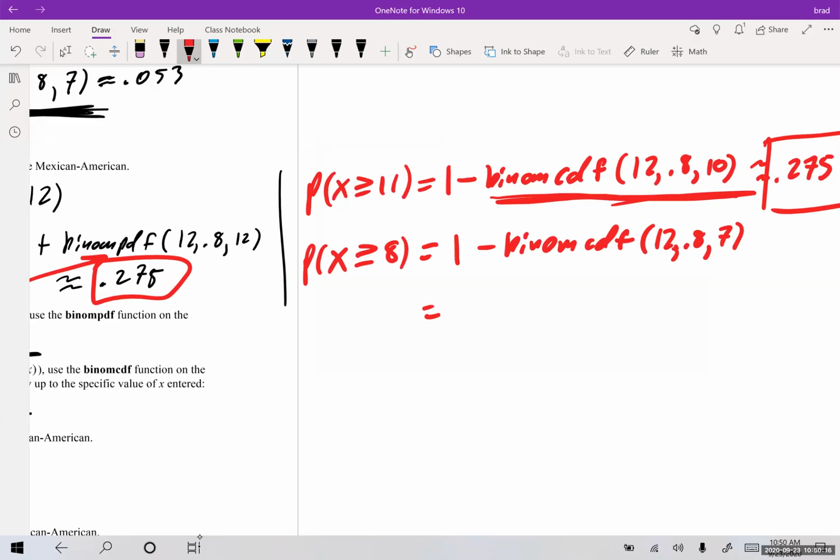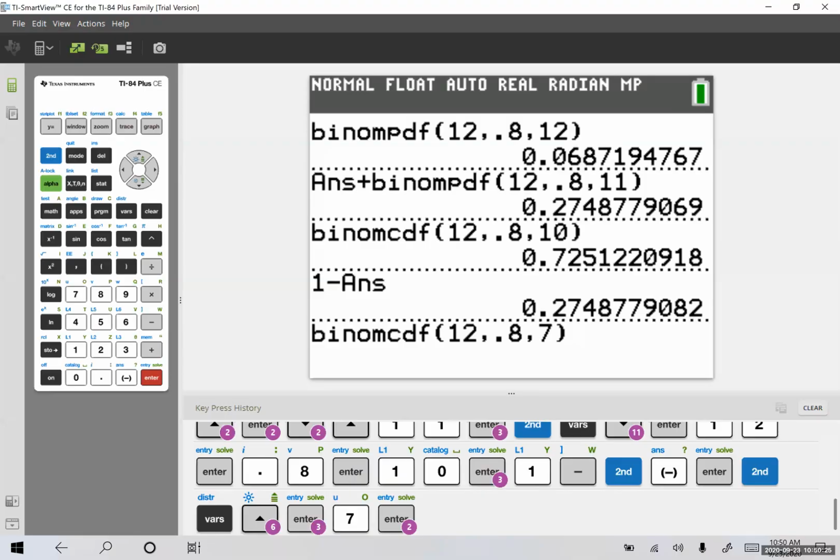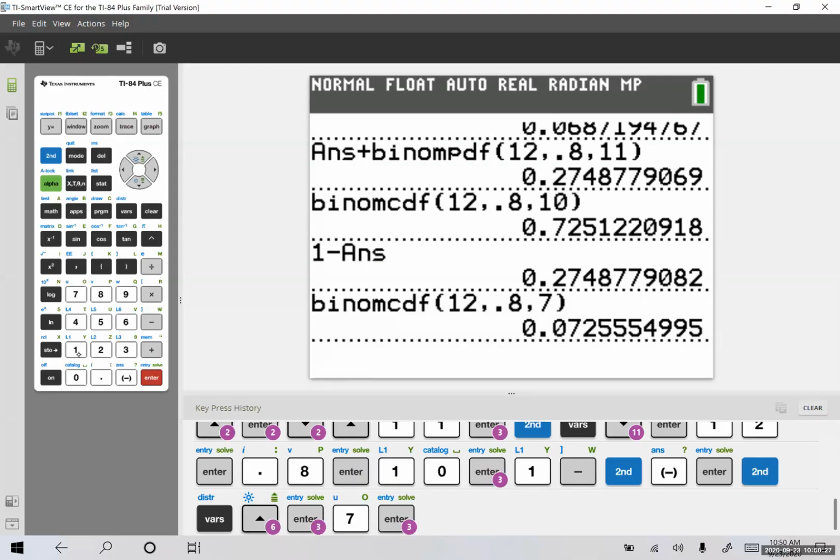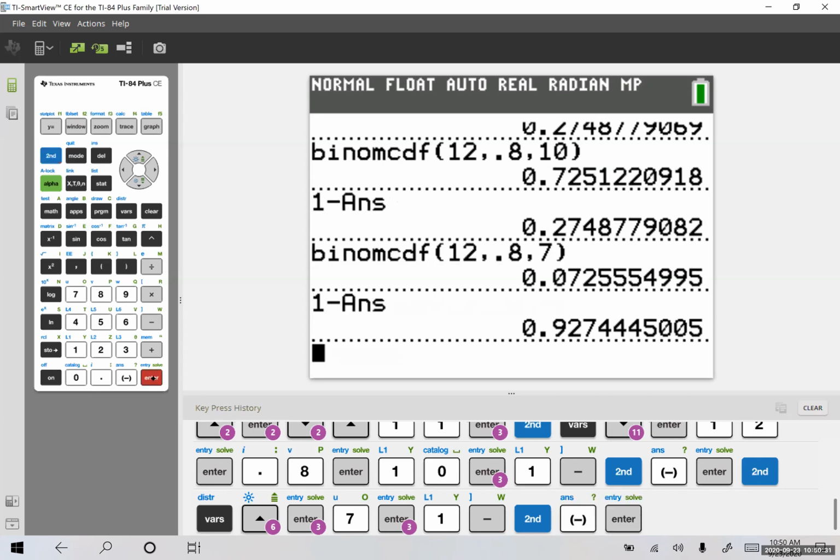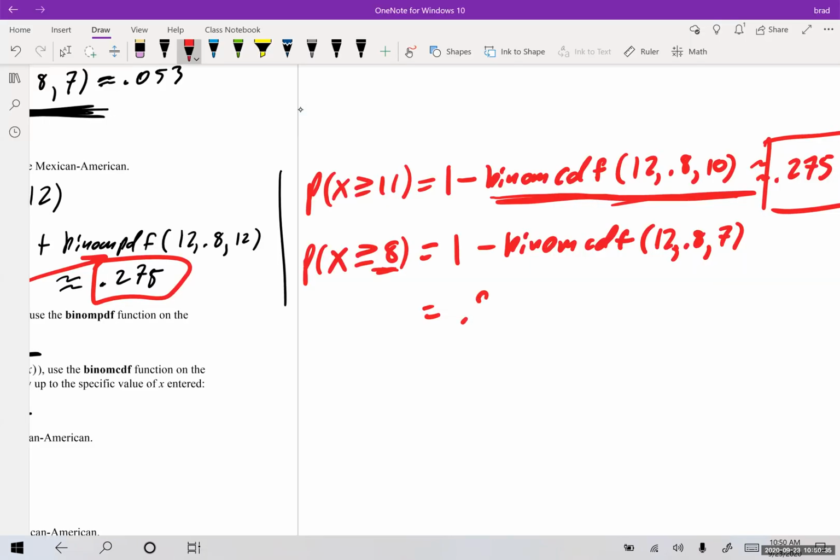Yeah, so because I want to find out all the values 8 and above, I do binomial CDF up to 7 and then subtract it from 1. So I did binomial CDF up to 7, and then I do 1 minus second function answer, and that gives me 0.927. Okay, or almost a 93% chance that this is going to happen.